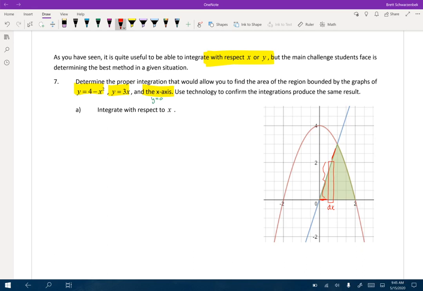But my question is, if I was to spread this rectangle all the way from 0 to 2, which is what we would do normally, am I going to get the same upper and lower function all the way across? Okay, hopefully you look at this picture and say, absolutely not.